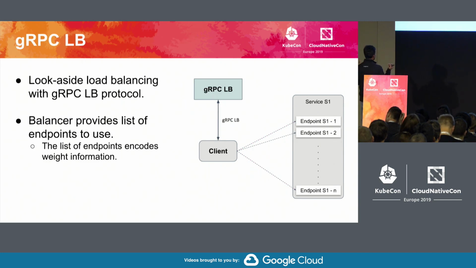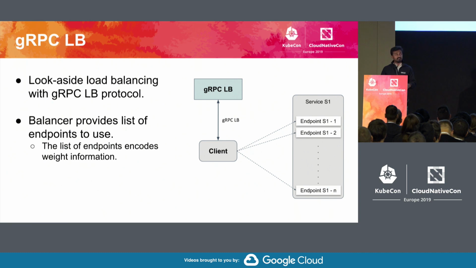Now let's look at an example of centralized load balancing. I'm sure most of you have already looked at gRPC or gRPC LB. Now gRPC LB, the way it is right now, is a protocol to provide endpoints to the client from a centralized gRPC LB server.